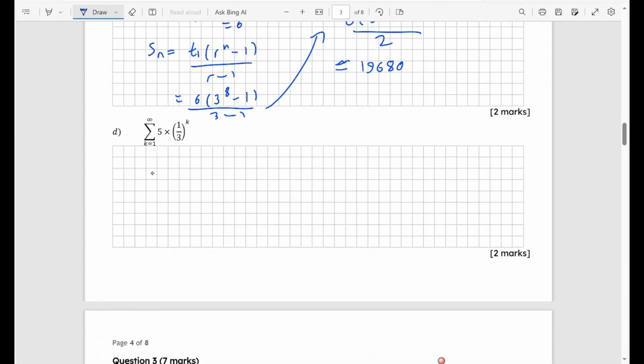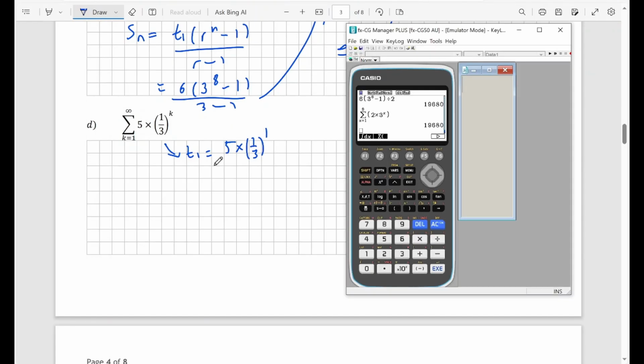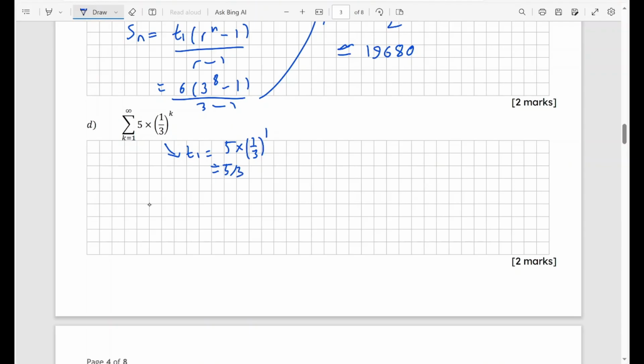Next thing we got here is 5 times a third to the k to infinity. So essentially what we need to be doing is we need to do T1 again. It's 5 times a third to the power of 1, which I can just say is 5 over 3. Sn is going to be T1 times (r to the n take 1) over (r take 1). But that thing is essentially going to 0 as the power goes to infinity, because r is a third.